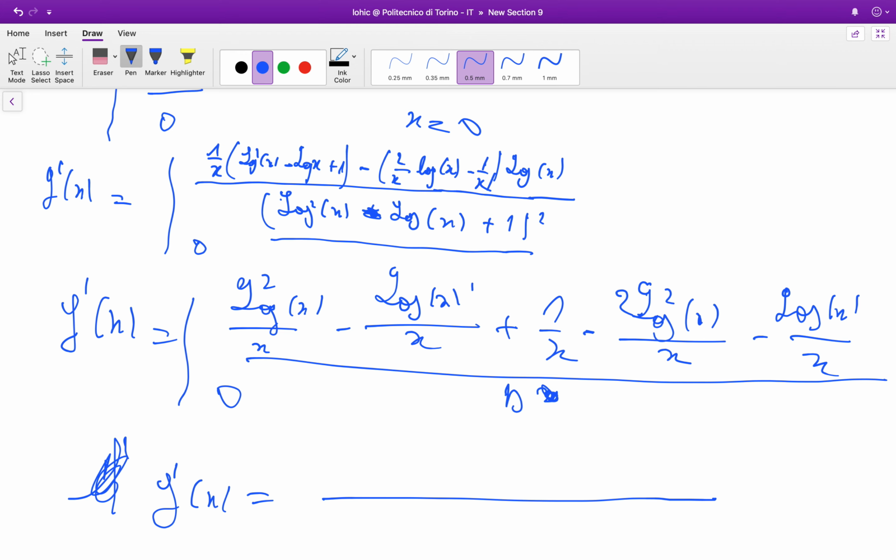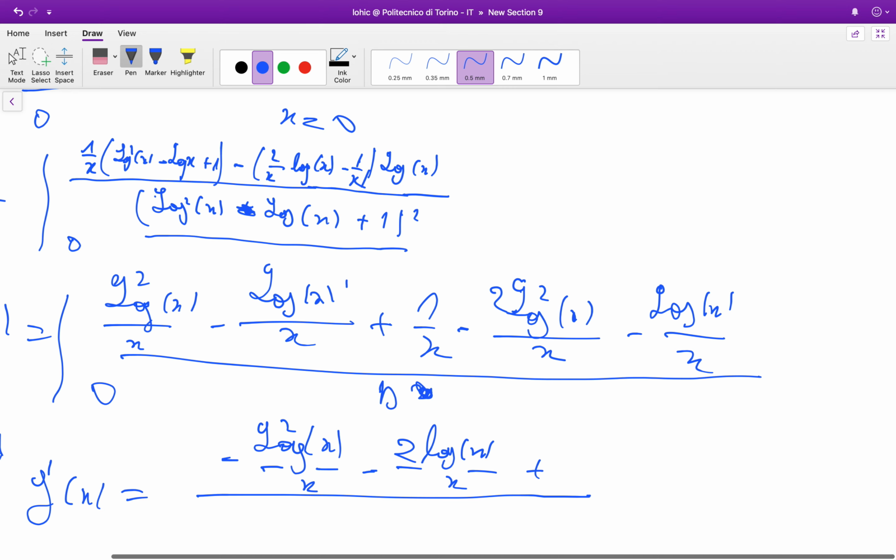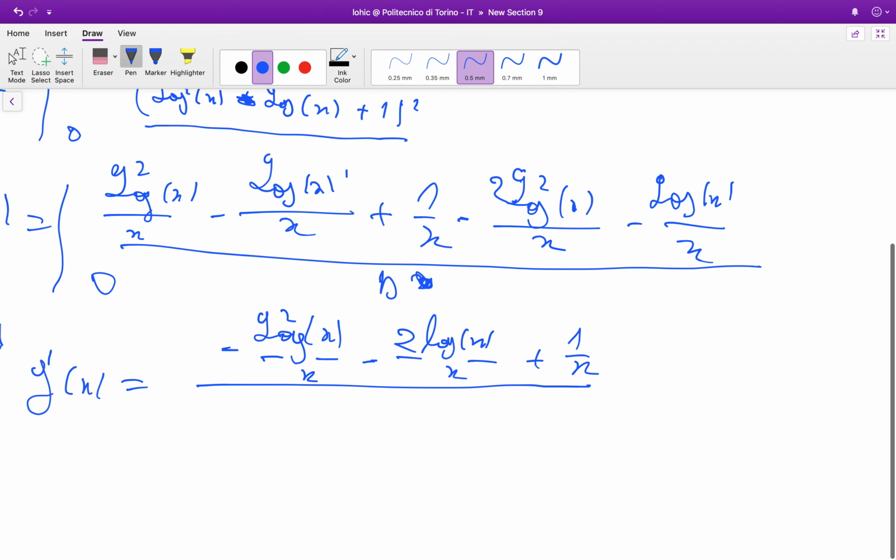Okay, because we have 1 minus log square of x over x, minus 2 log x over x, plus 1 over x, all divided by the denominator.